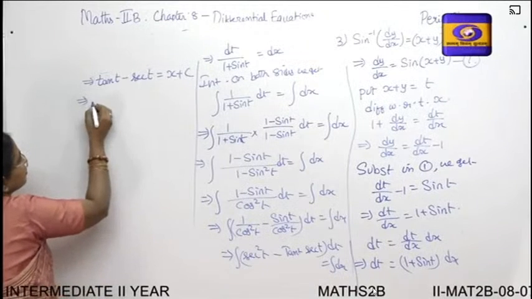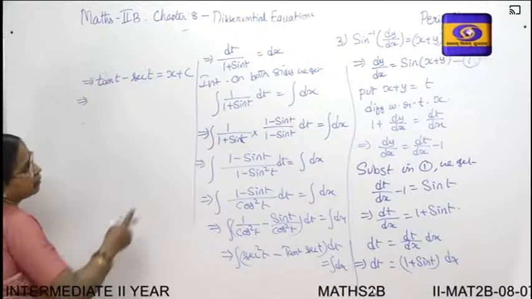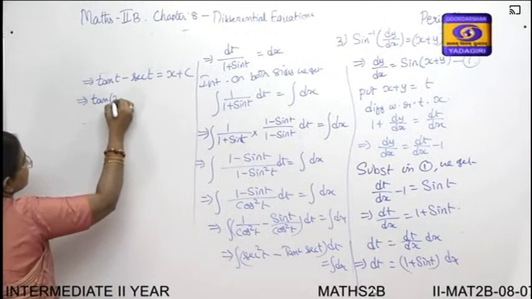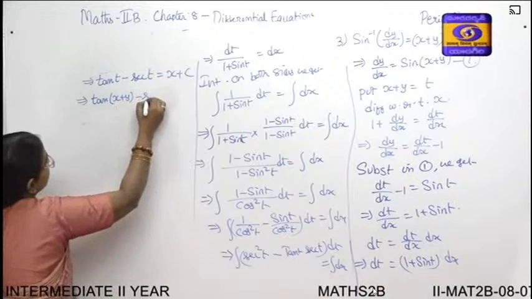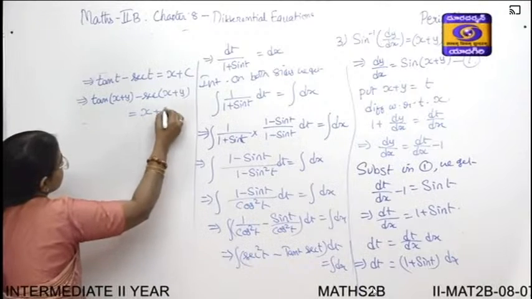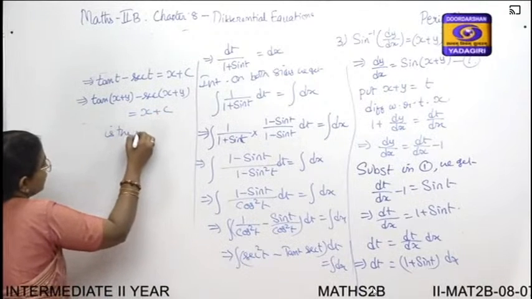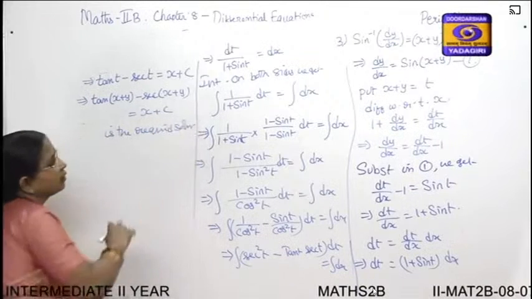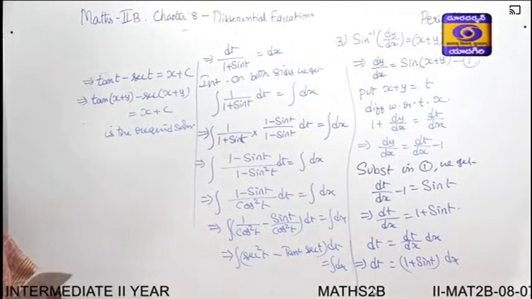Okay. So this implies now you have integrated. Now substitute that t. What is it? So tan of x plus y minus secant of x plus y is equal to x plus c is the required solution of the given differential equation.